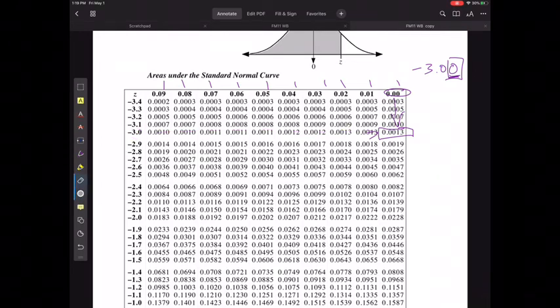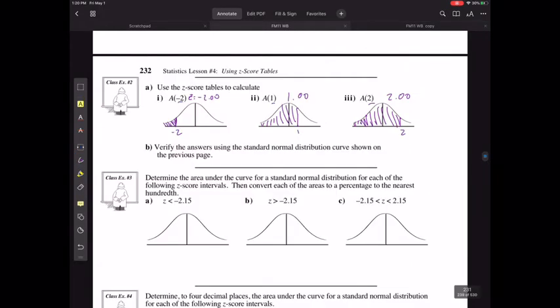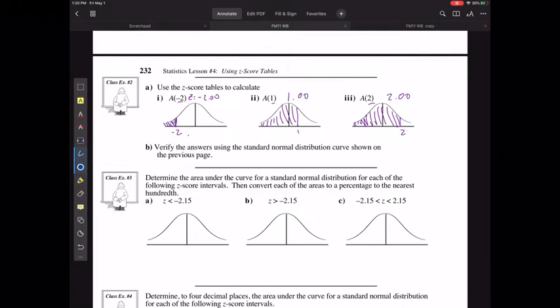So I'm going to find -2.0 on the left, and then the hundredths is going to be 0. I'm going to come straight over to the right from here, and go straight down from here, and there is the value that I'm looking for, 0.0228. So A of -2 is equal to 0.0228.